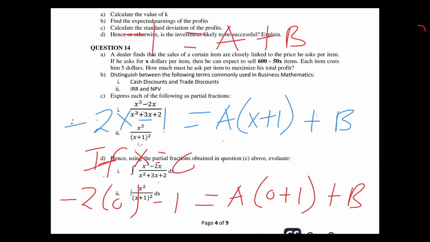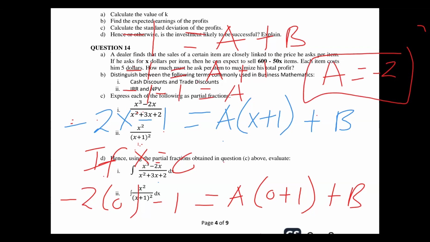Yes, we said B is 1. So negative 1 is equal to A plus 1. When you collect like terms, negative 2 is equal to A. Yes, our A is negative 2.